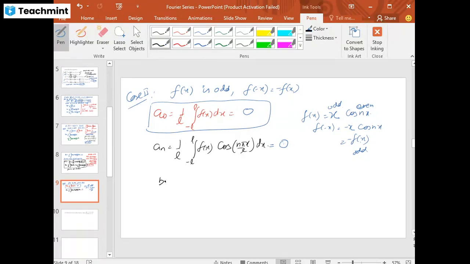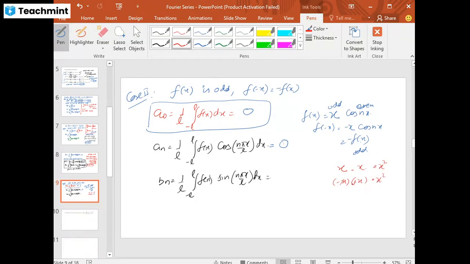So what about Bn? Bn is 1 upon L, integral from minus L to L f of x into sine of n pi x upon L dx. Now what about f of x? F of x is odd, sine is also odd. So say x is an odd function, x is also an odd function. The product of odd and odd is x square. X square is an even function, because if I replace x with minus x, minus x into minus x is x square.